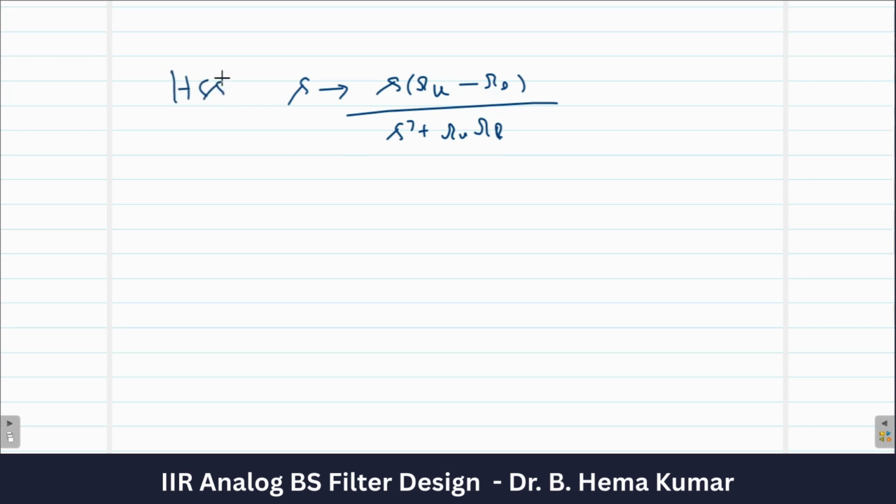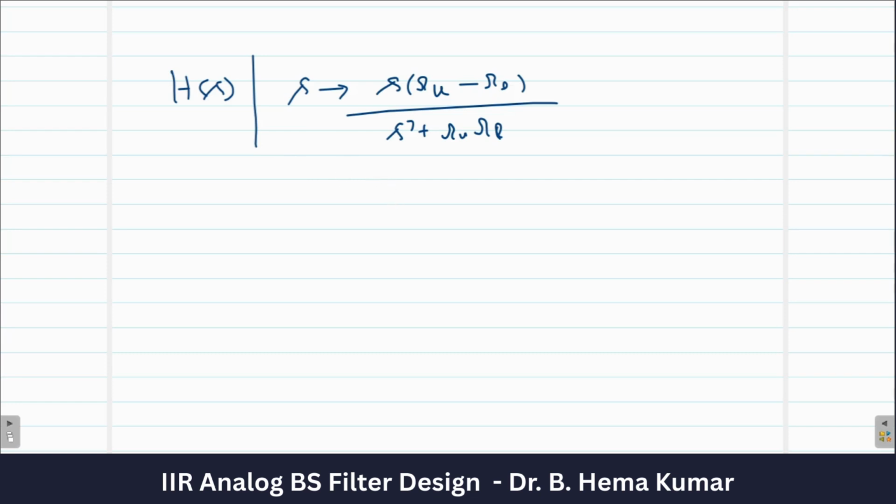You calculate S as S into (omega u minus omega L) divided by (S square plus omega u omega L), and substitute this S into your H of S. That's how you convert the given transfer function, normalized for omega r, into our band stop specifications.